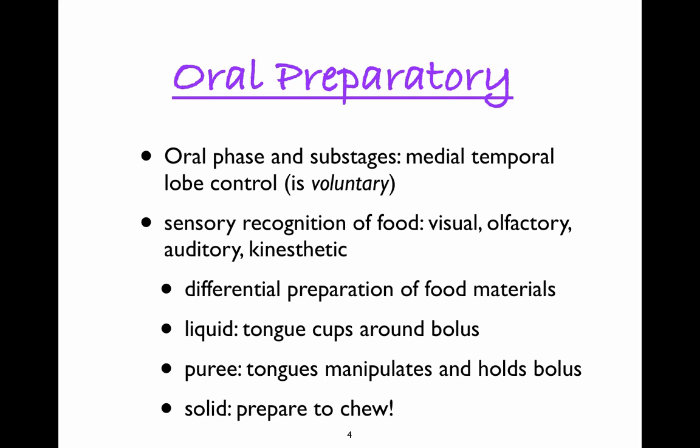For puree, the tongue manipulates and holds the bolus, but there isn't any signal that tells the oral cavity and the oral structures that they need to get ready to masticate or to prepare and shred and grind the material. If the material is a solid, essentially the body gets signals that tell it to prepare to chew.